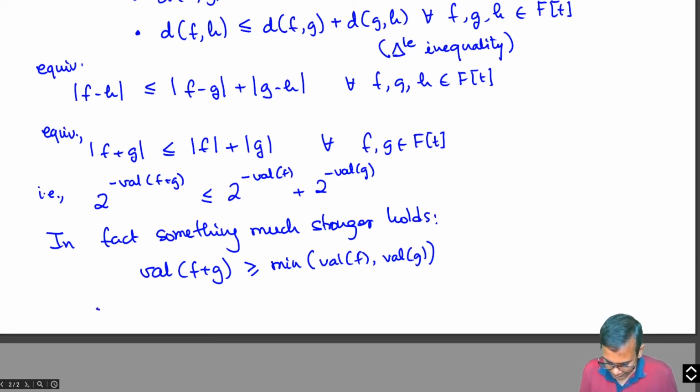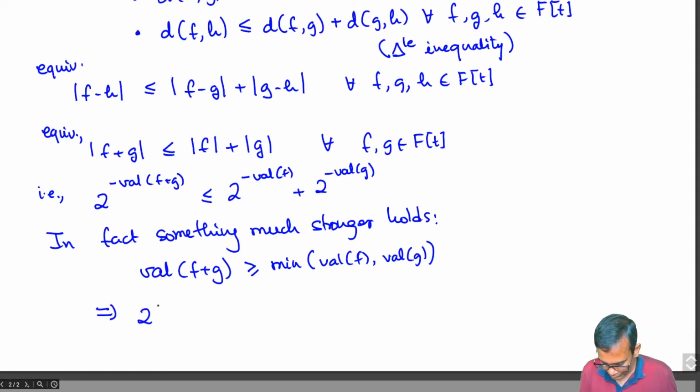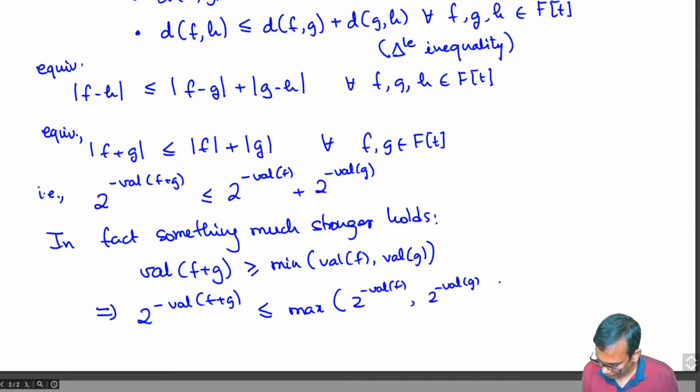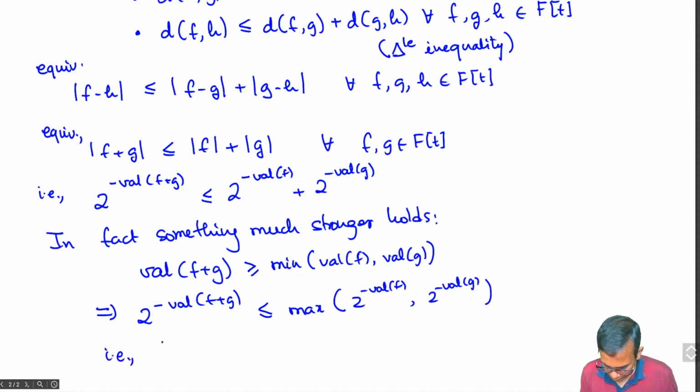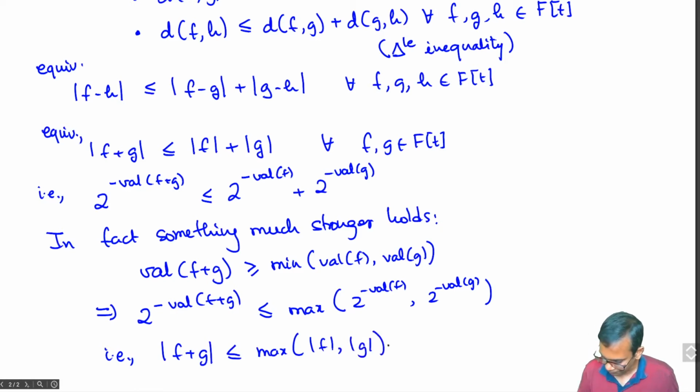And this implies that 2 raised to minus valuation of f plus g is less than or equal to the maximum of 2 raised to minus valuation of f and 2 raised to minus valuation of g, i.e. the norm of f plus g is less than or equal to the maximum of the norm of f and the norm of g.